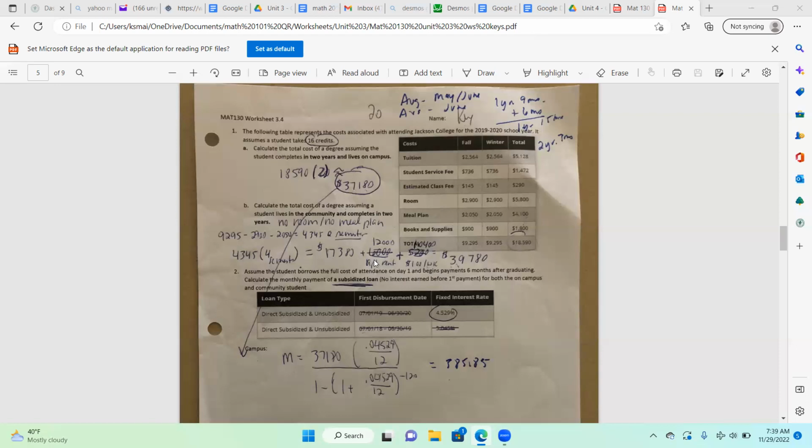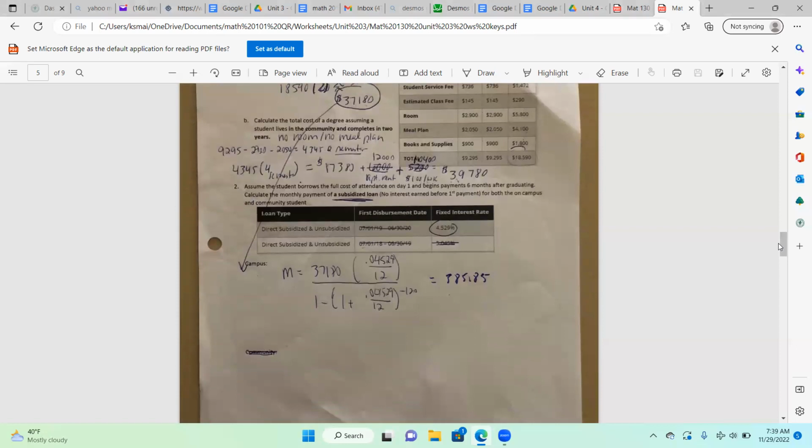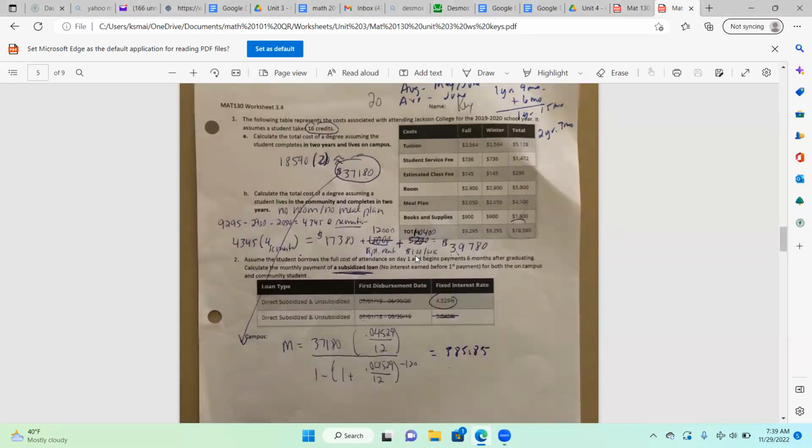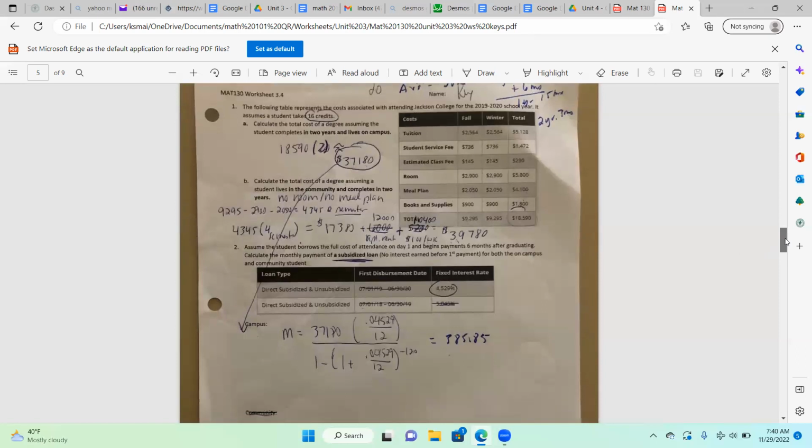And then if you thought about the fact that you might have to pay rent, let's say it was about $12,000 for the year, and then groceries for the year, it would be about $39,780. Now, also you have to remember that that's for a whole year in an apartment, whereas living on campus does not include the summer months. So just some things to think about when you're calculating those.